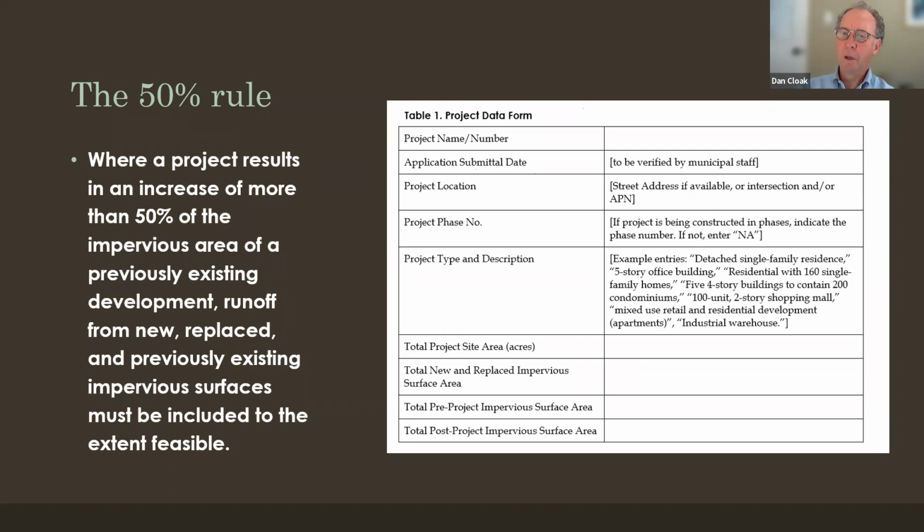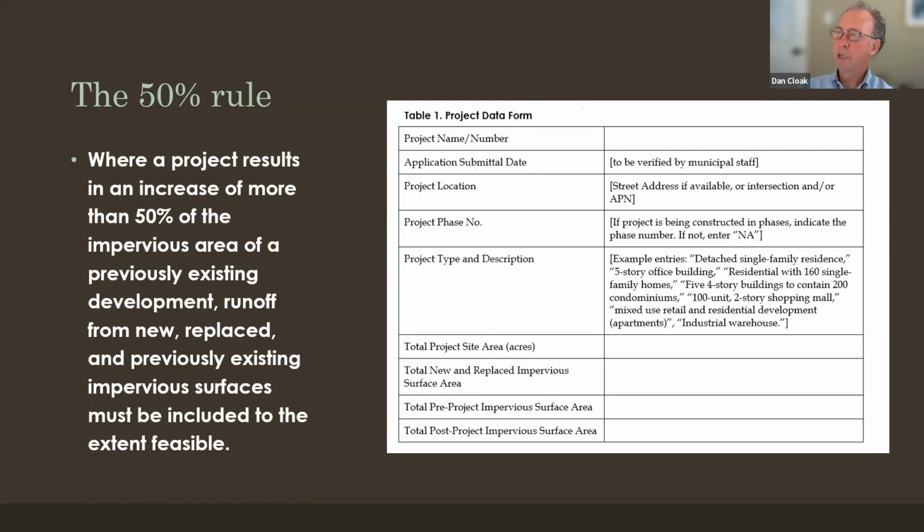Basically, as stated here, you do a comparison of the impervious area that existed before the project and the impervious area from the project as proposed. If it goes up by 50% or more, then the existing surfaces need to be retrofit with LID to the extent feasible.